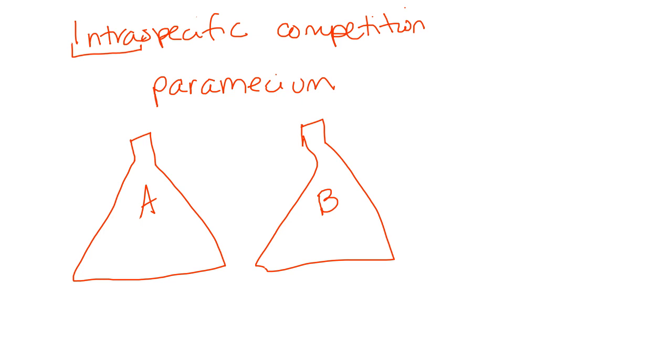The difference is that flask A was given 2 grams of hay, and flask B was given only 1 gram of hay. So there's our limiting resource. We have limited hay, which is the food source of these, or maybe there's an algae that grows on the hay that they eat. But this hay is the basis of their diet. So we've limited the amount of hay and then we've let them grow for 2 weeks.